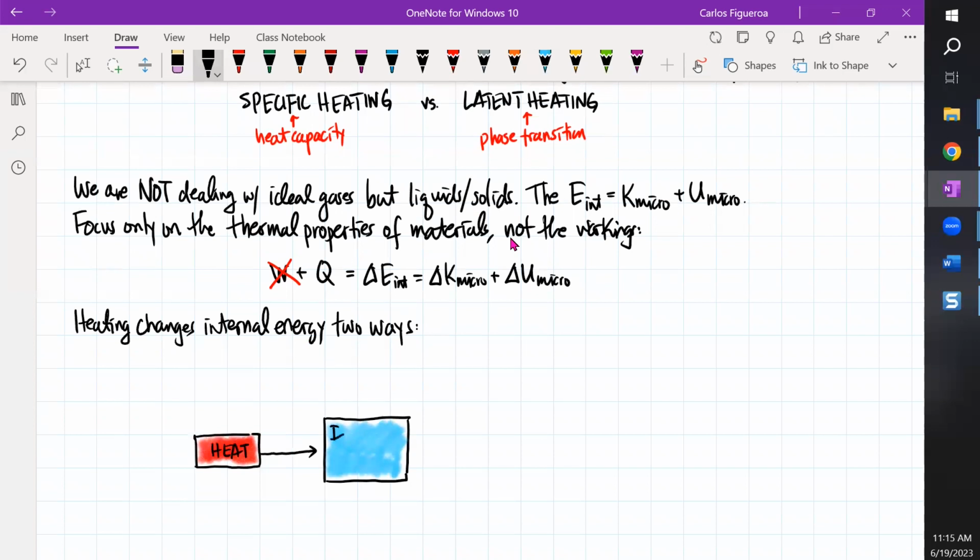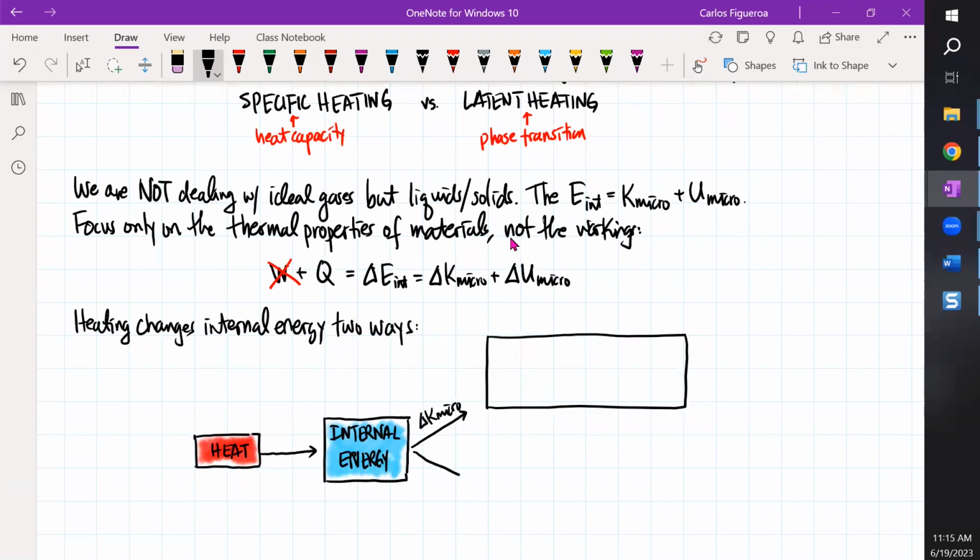There are two ways for me to change internal energy. One path is changing KEmicro. Or I could change it this way, where I have PEmicro. Those are the two ways.